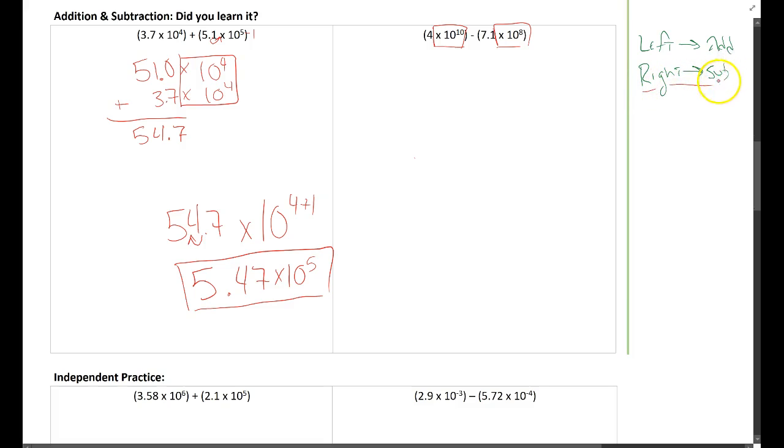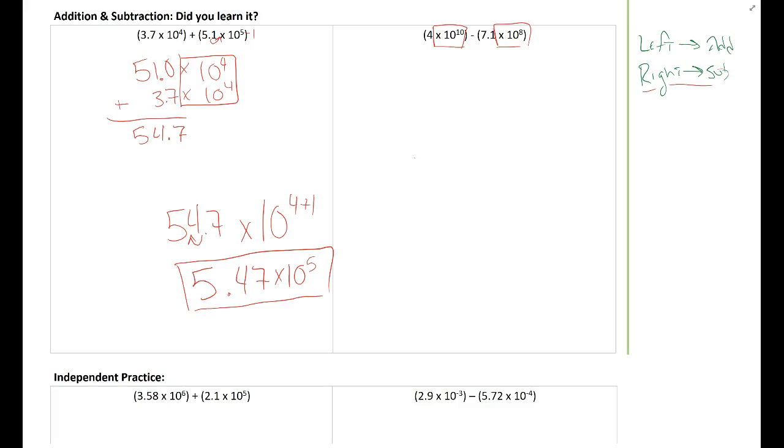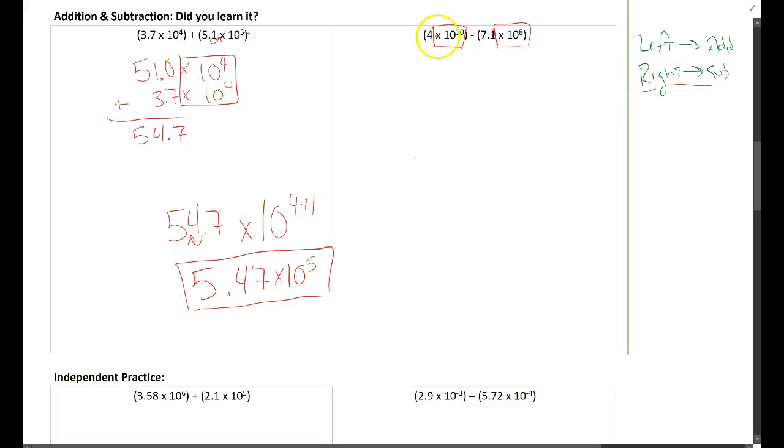So in order to subtract, as I see here, I need to move to the right. So I take this 4 and I move the decimal place 1, 2 to the right, and I get 400. So 400 times 10 to the 8, because I subtracted 2 by moving that twice.